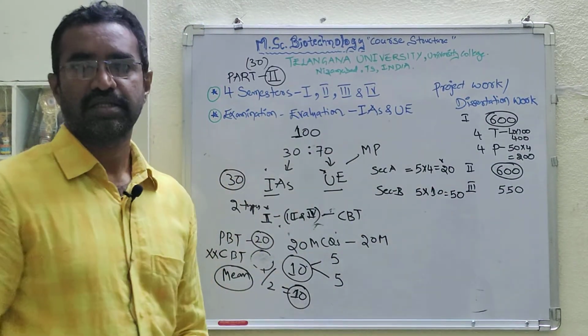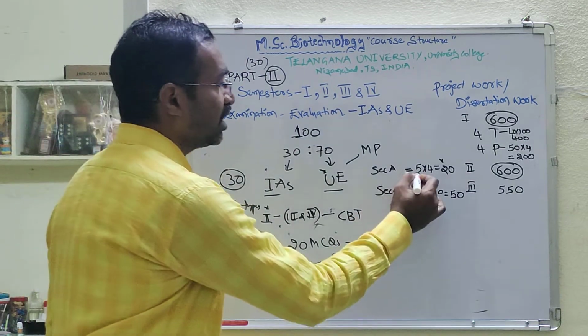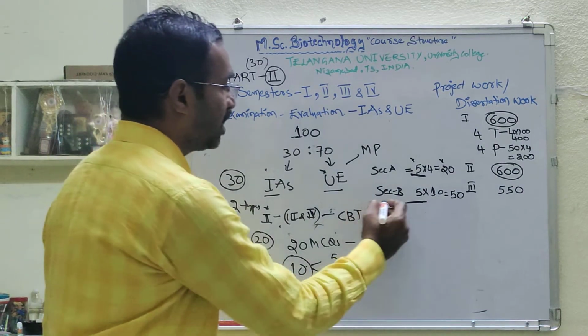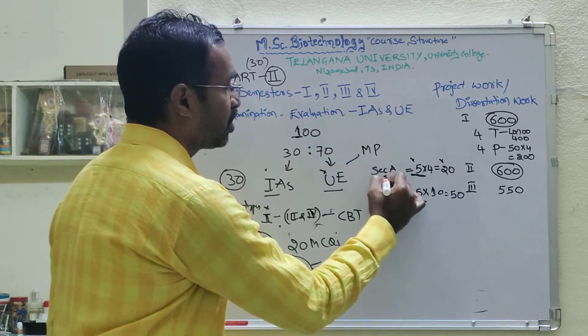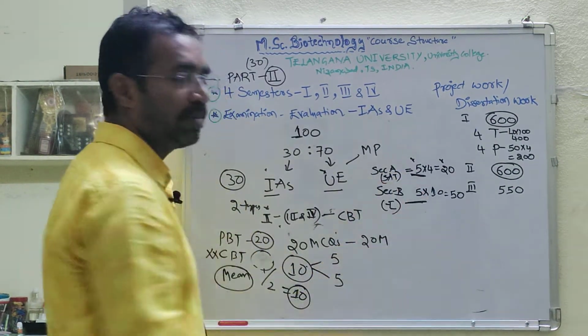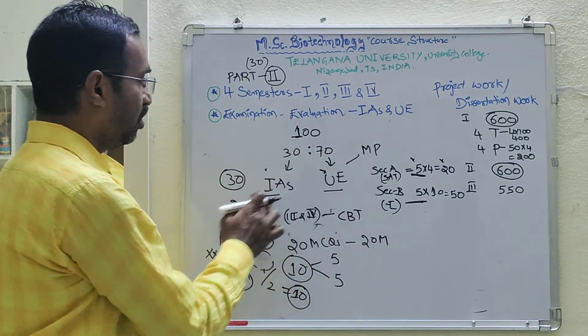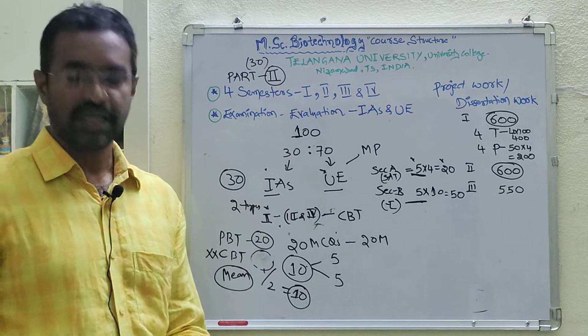So the total is 70. There is no internal choice in section A, but there is internal choice for the essay questions. These are the essay type and these are the short answer questions. These are the details of the model papers of the university exam and the internal assessment.